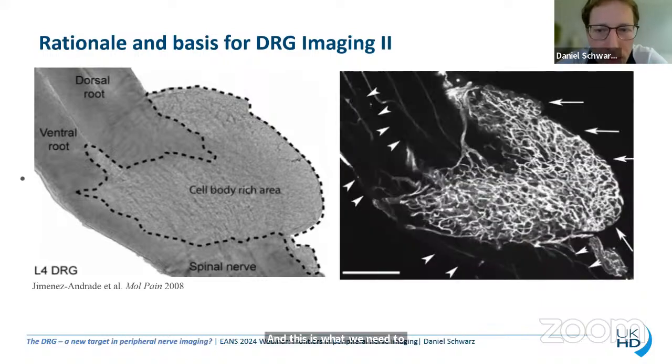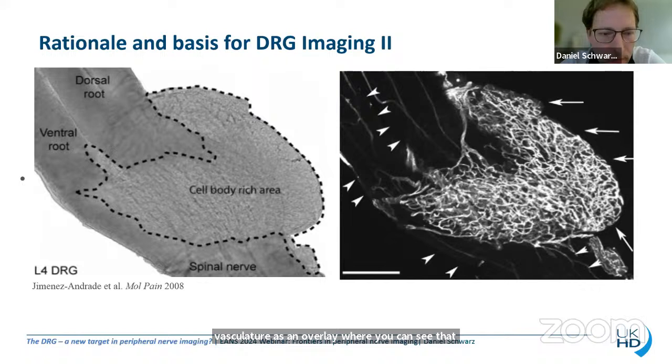Now here the vasculature as an overlay, where you can see that actually the cell body rich area, so where the sensory neurons are, is really prone to all these influences which might arrive at the dorsal root ganglion via the blood.